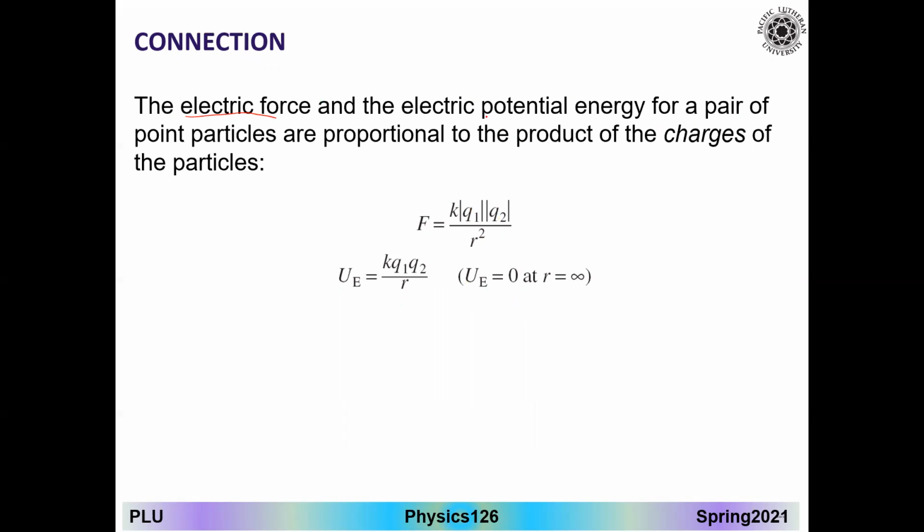Similarly, we're gonna talk about the potential energy, which is basically the formula Q1 multiplied by Q2 divided by R. So the starting point in chapter 20 started with the force. From the force, we ended up with the electrical field. And here we're gonna start from the electric potential energy, and we go to the volt or electric potential.